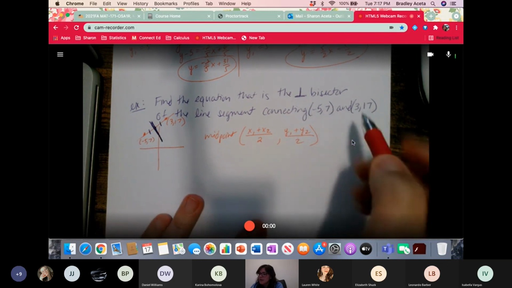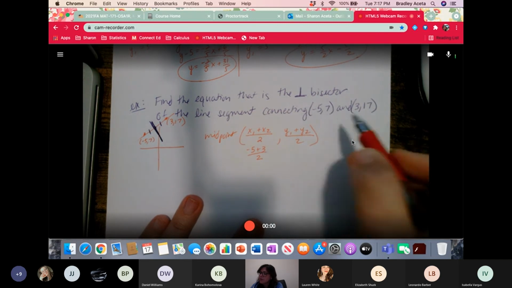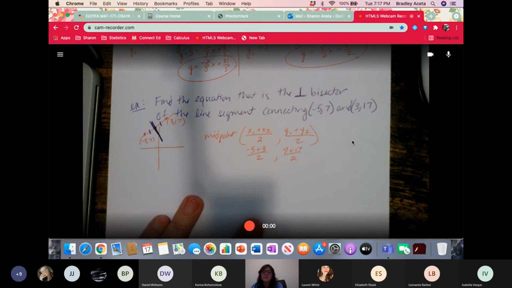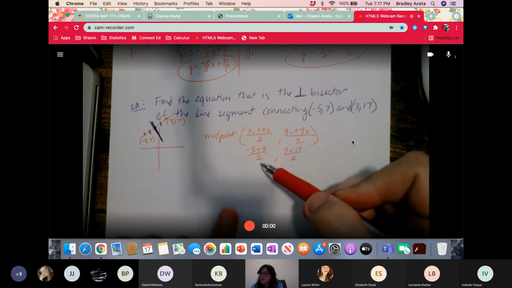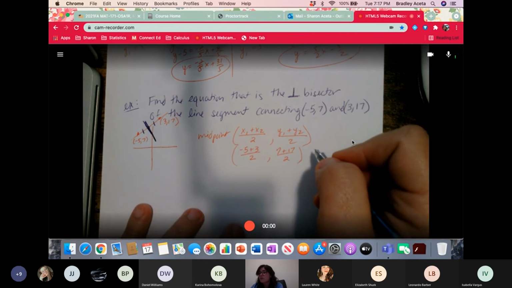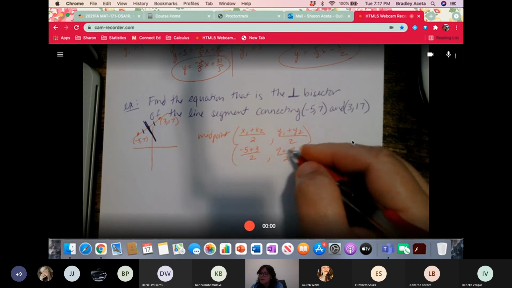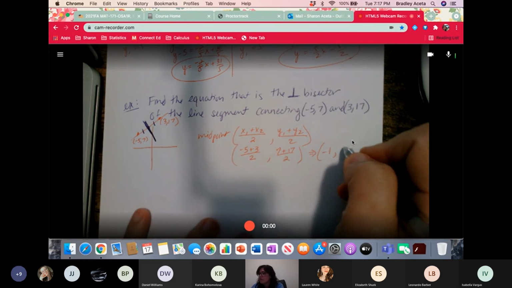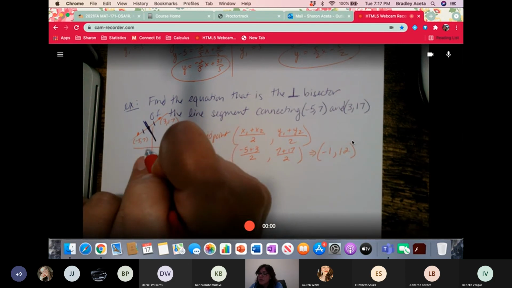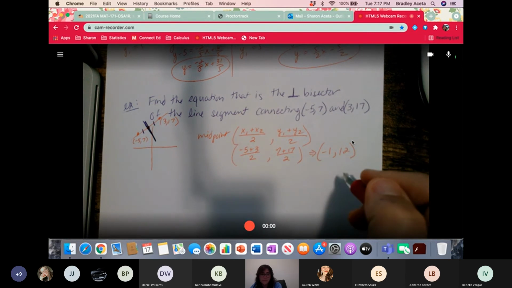So if I add my x's, I would have negative 5 plus 3 divided by 2. And if I add my y's, I would have 7 plus 17 divided by 2. So -5 plus 3 is -2, divided by 2 is -1. And 7 plus 17 is 24. 24 divided by 2 is 12. So this point right here in the middle is (-1, 12). That seems about right. That is your midpoint.